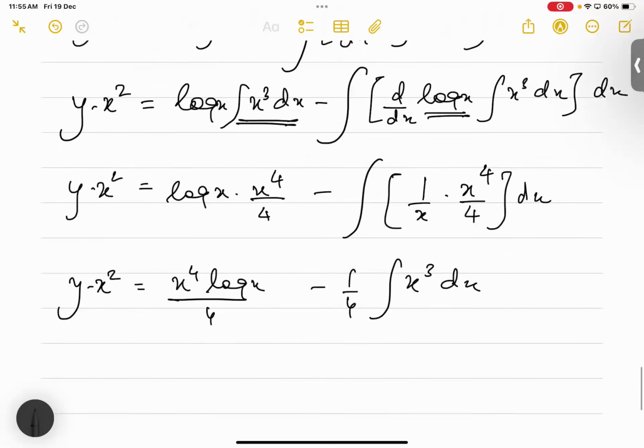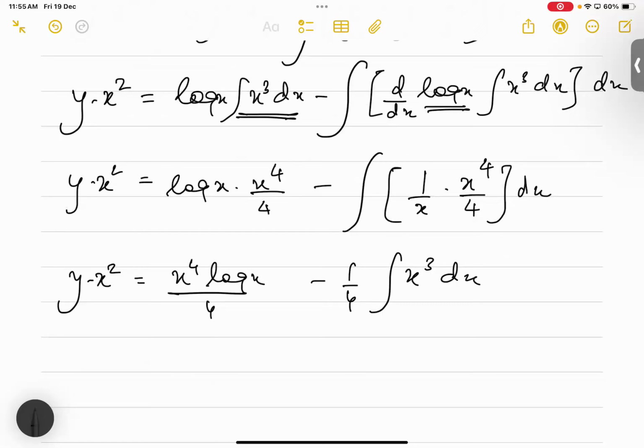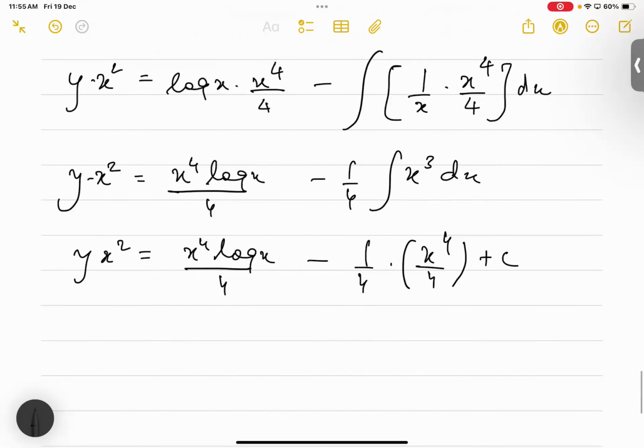How did this become x cube, guys? Cancel. Okay, x raised to 4 upon x. And again, what is x cube integration? x raised to 4 upon 4.